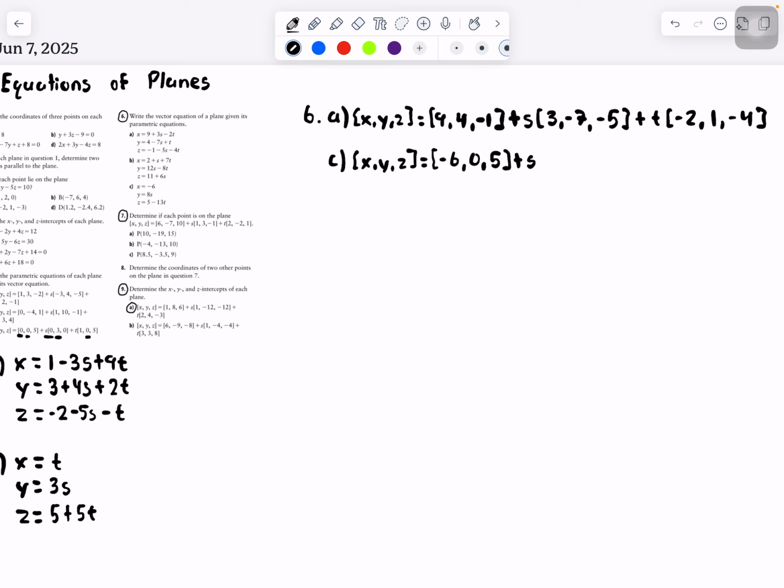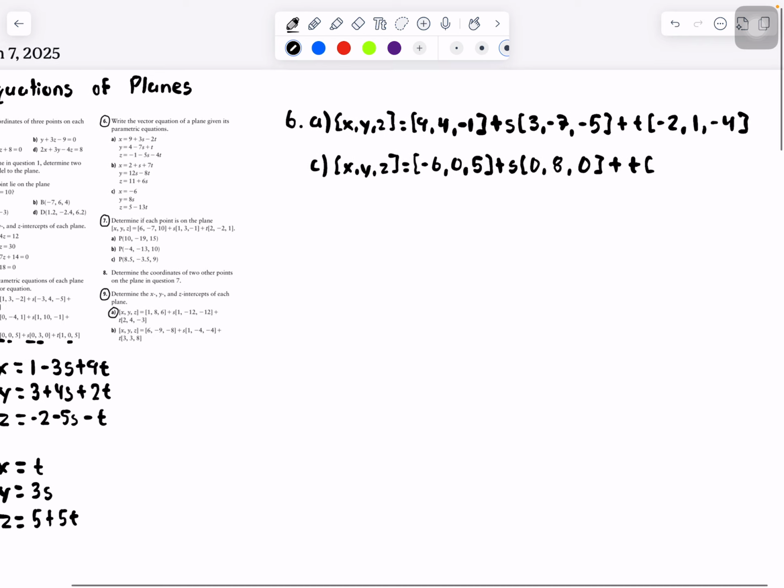Plus s. So the x contributes nothing because there's no number beside the s in the x parametric equation. So we have s times 0, then we have an 8, and then nothing for the z parametric equation, 0 again, plus t.